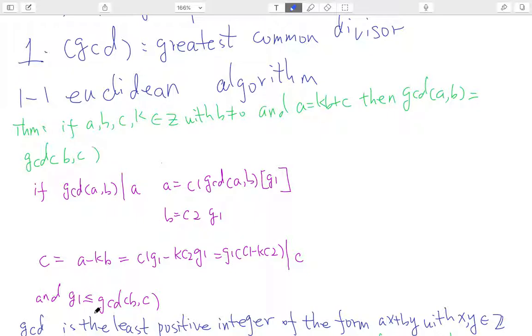Since both sides need to hold simultaneously, the only situation that can happen is that these two greatest common divisors are the same. And that ends the proof of this theorem.